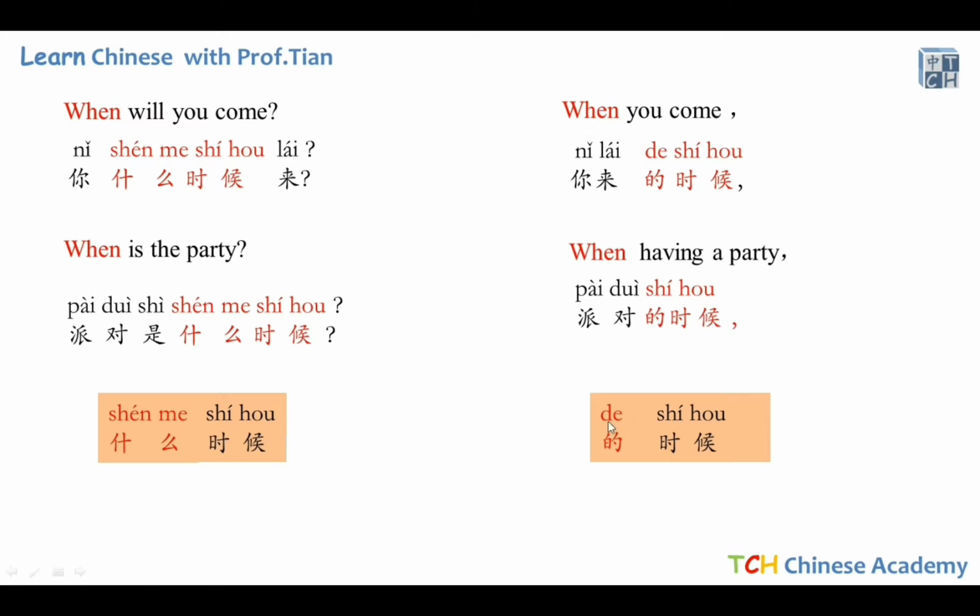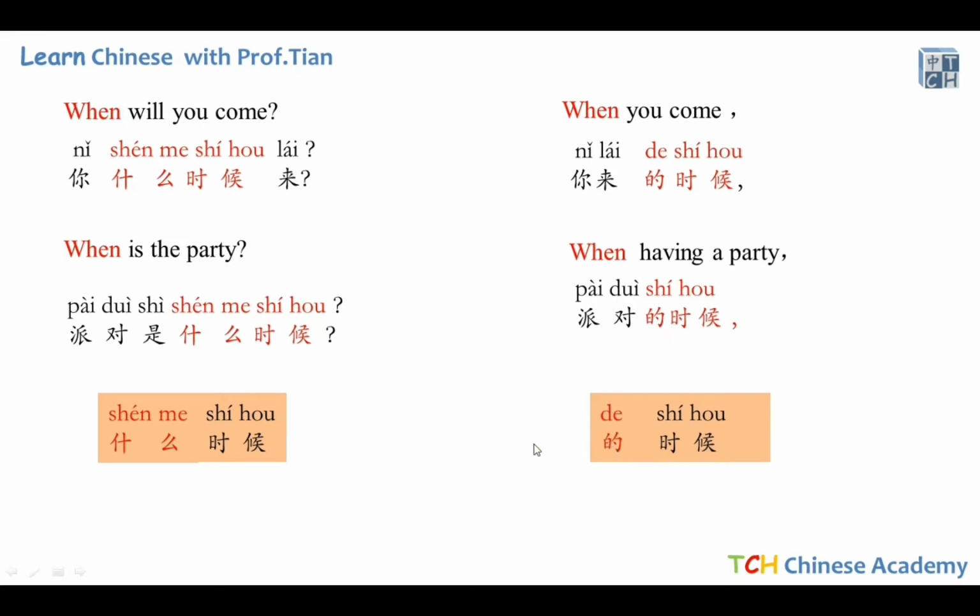And tip 2, notice the English sentence. It seems to begin a sentence, but in Chinese, in a question, the when goes somewhere between the subject and the verb or at the end of the sentence. So we can say in Chinese, this when, either 什么时候 or 的时候, never begins a sentence, but ends a sentence.